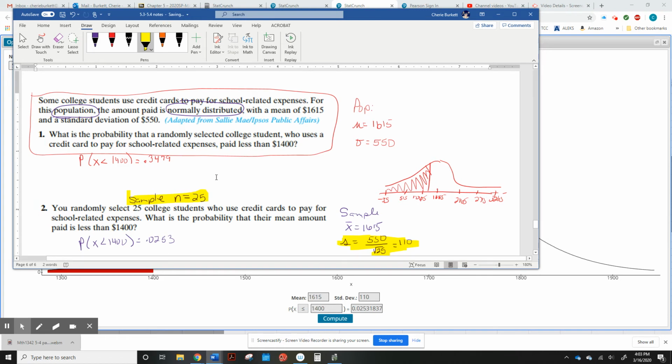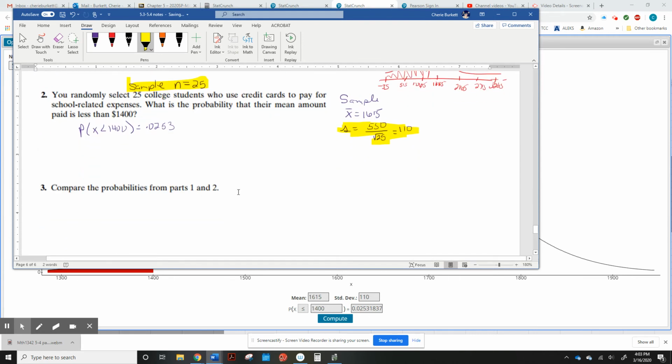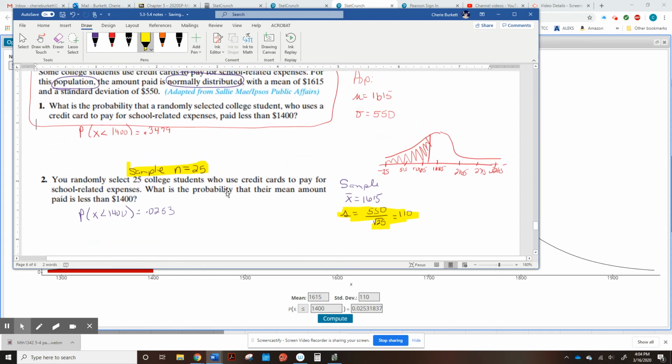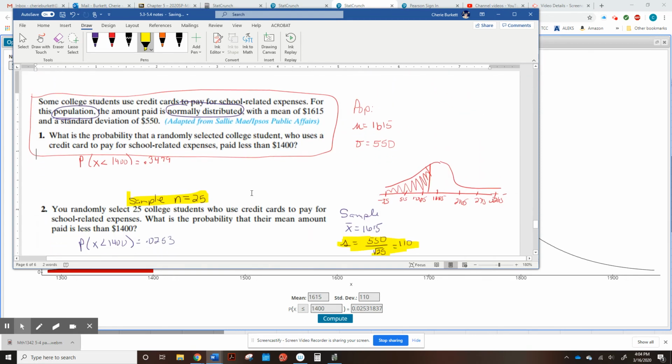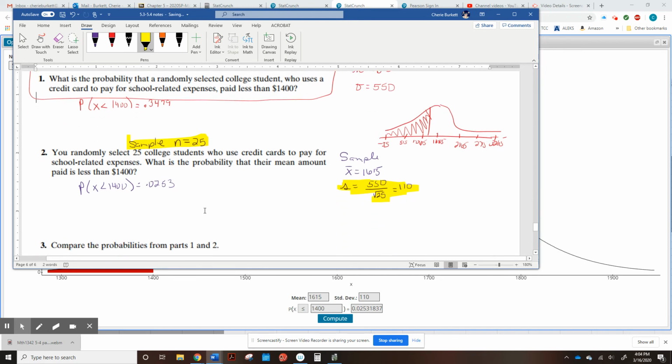Okay. Now it goes on and says compare the two probabilities from part 1 and part 2. And we notice that this one is a lot bigger than that one. So the chances of it happening out of the population is a lot greater than the chances of it happening here. It doesn't say anywhere right here, but this one is actually unusual.